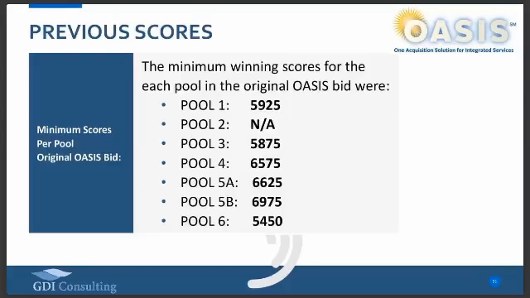For example, for Pool 1, 6,500 during November was the minimum, at least from our assumptions, and even higher than that to get a seat on that contract. Because of the partnering issue, these numbers will increase in terms of giving you an idea of the minimum score that you should have.